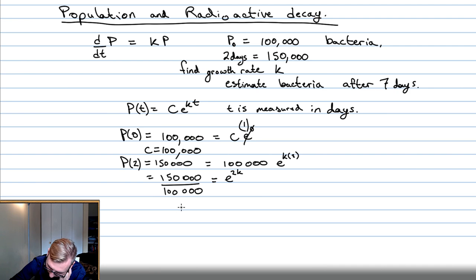Yeah, let's do 1.5 is equal to e to the 2k. We want to get rid of the e though, because we're solving for k. So we're going to take the natural log of both sides.